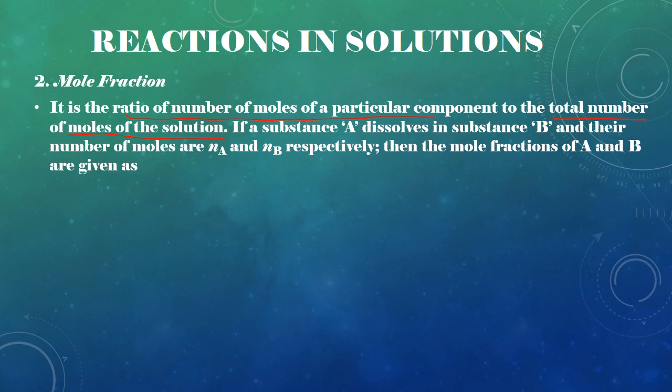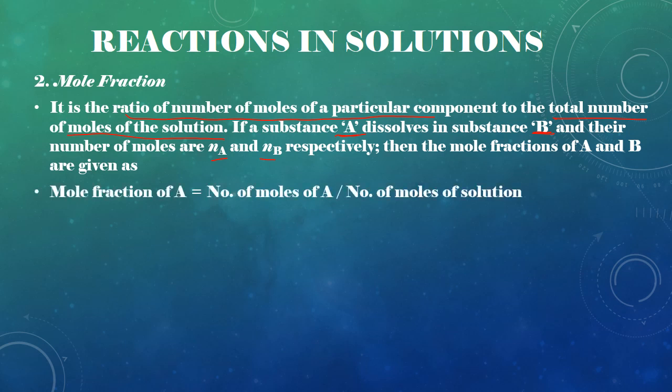Now if we are considering a solution which has only two substances A and B, then the moles can be expressed as Na and Nb, and mole fraction can be calculated like this. So number of moles of A by total number of moles of the solution.